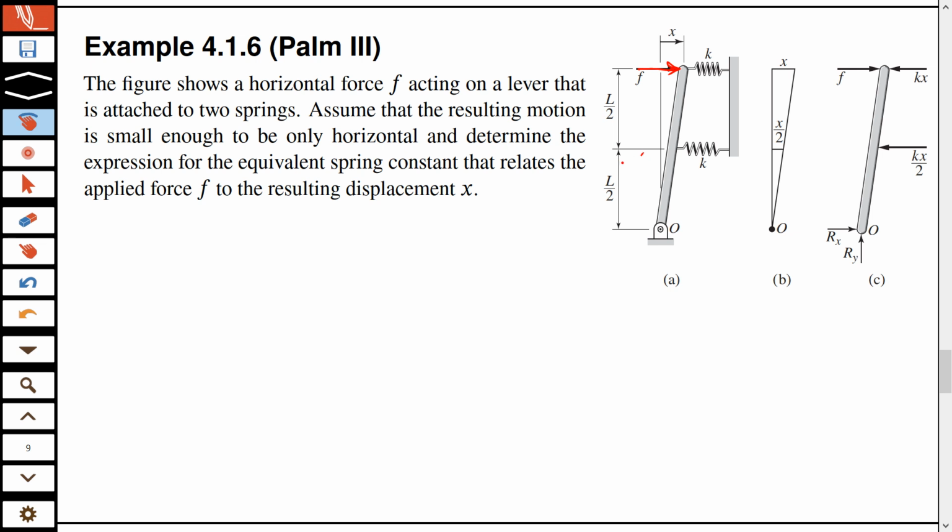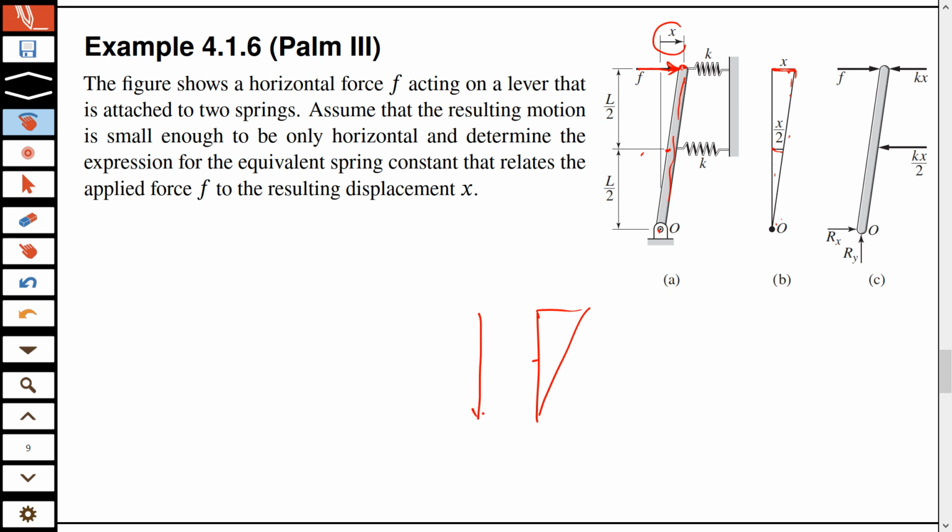So what we can see now is that if this end moves by distance x, because this is rigid, you can have this triangle. If this line is represented by this line and this is the displacement of this point, this pivot doesn't move, so the center point moves here, and you can now use some trigonometry.